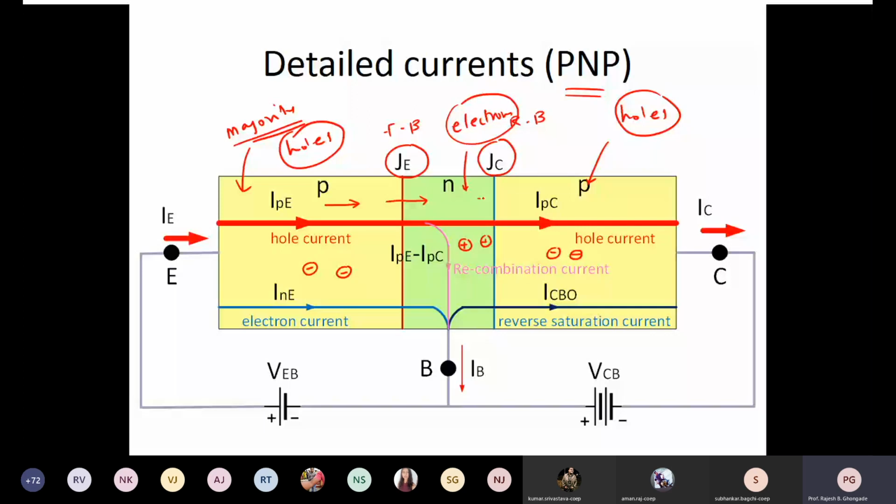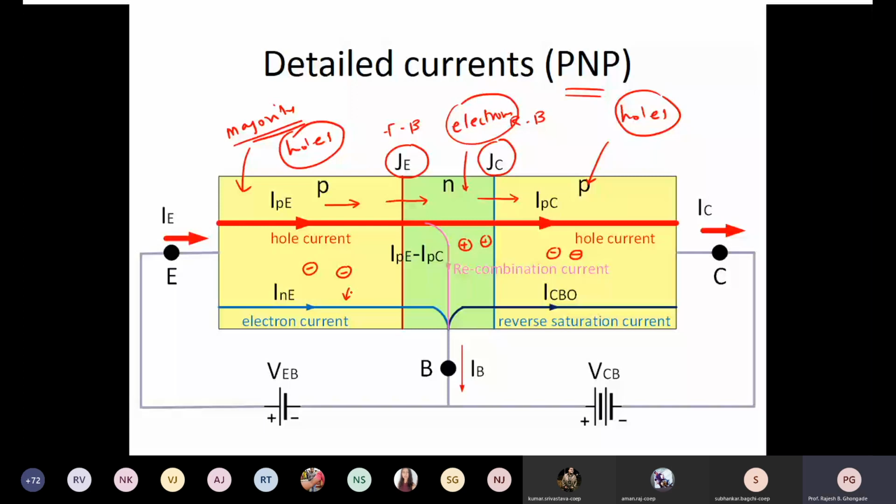This was the simplistic kind of explanation. But at the same time, let us not forget that there are some minority charge carriers also here. And they are also getting affected. They will also flow. So a very small part does flow, and that is actually the saturation current, which we have already seen in a diode.